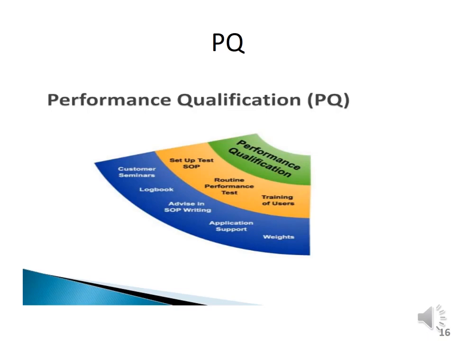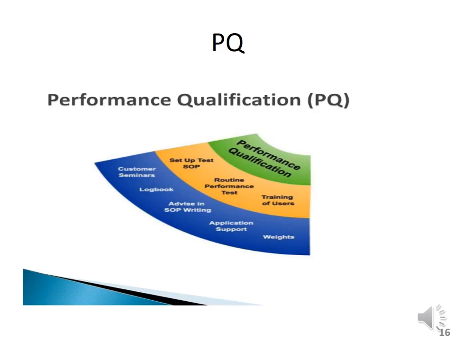Routine performance tests, if you have defined some, you have to go through those routine performance tests as well. And then training of the user, this is very important. If there is any change or any new user, you must be arranging the training of the users on a regular basis, right?